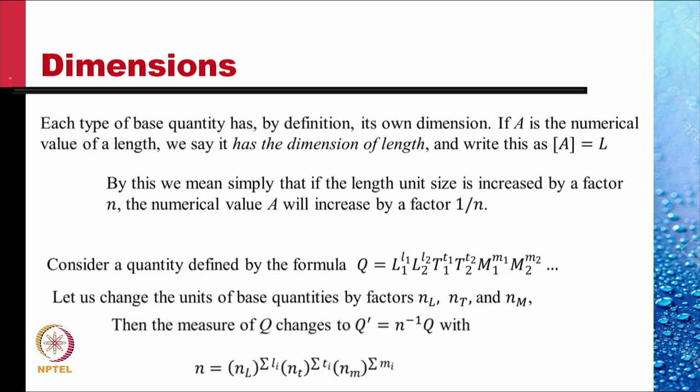Then the measure of q changes to q prime equal to N raised to power minus 1 times q, where N is equal to n_L raised to power summation of l_i, times n_T raised to power summation of t_i, multiplied by n_M raised to power summation of m_i.